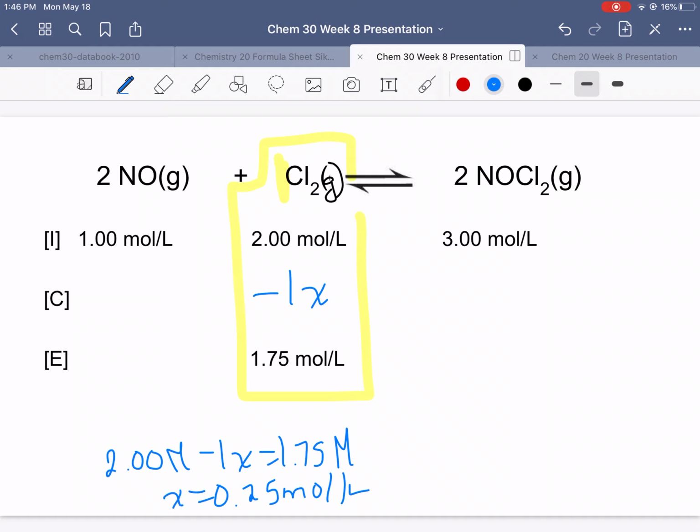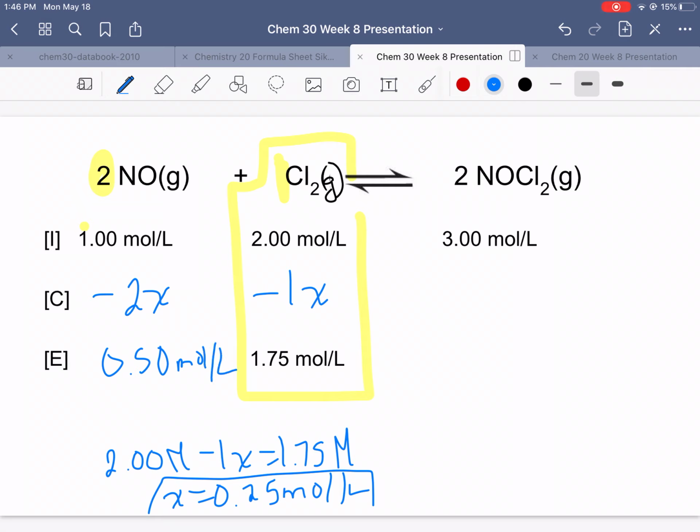Okay, if this is x, I can now apply that into the other two. If chlorine gas is going down, that means the nitrogen monoxide gas is going down as well. By how much? A factor of 2. So minus 2x. So again, use your calculator if you want, but it's 1 minus 2 times 0.25, easy math, which gives us a total of 0.50 moles per liter.